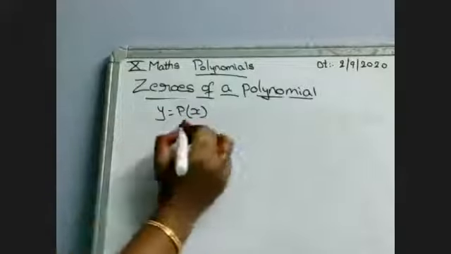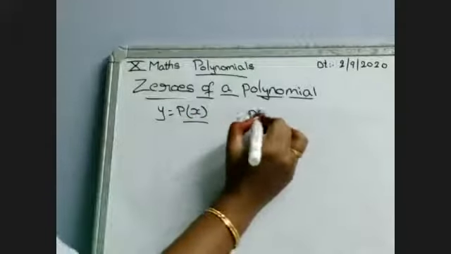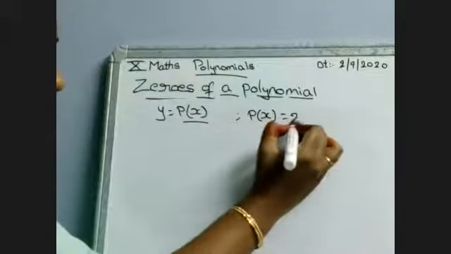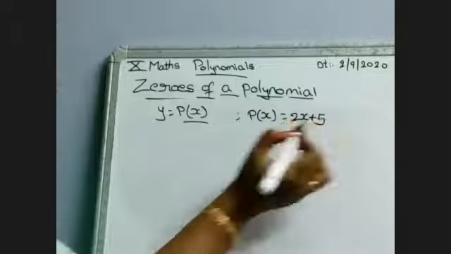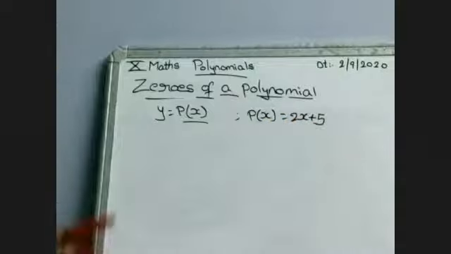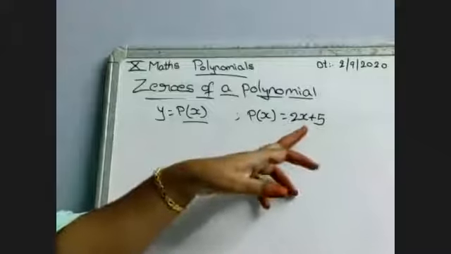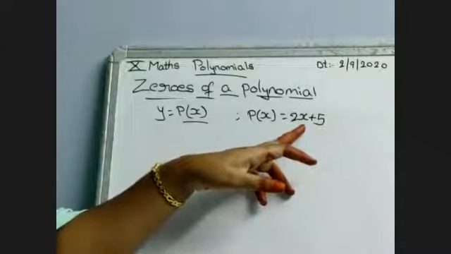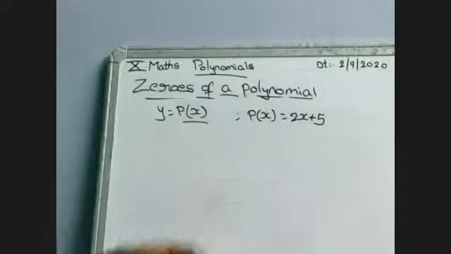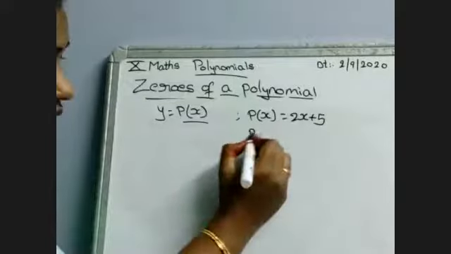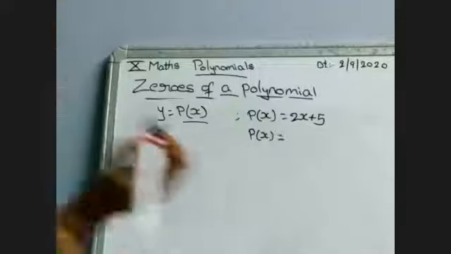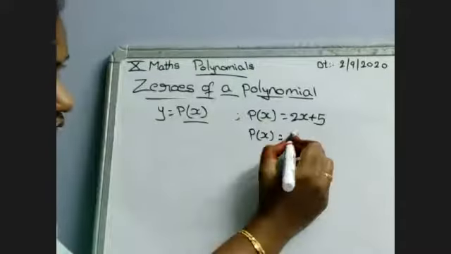Here p of x means what? p of x equal to, say, 2x plus 5. Means the values should be in the x-axis, in the form of x. 2x plus 5. Suppose you take another equation, p of x equal to 2x plus 3.